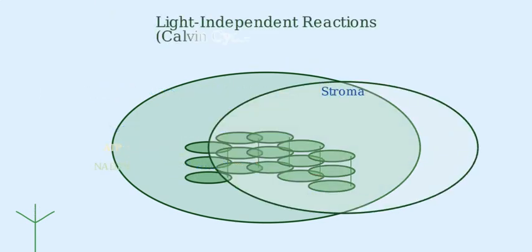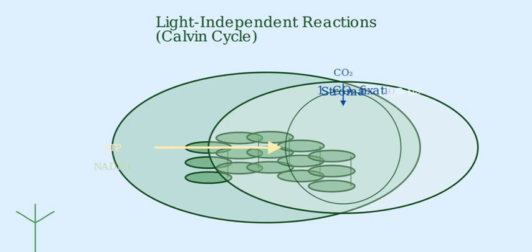Next, we move to the light-independent reactions, also known as the Calvin cycle, which occur in the stroma of the chloroplast. These reactions don't directly require light, but they do use the ATP and NADPH produced during the light-dependent reactions. Carbon dioxide from the air enters the cycle and is fixed, or attached to an existing molecule, by an enzyme called rubisco.